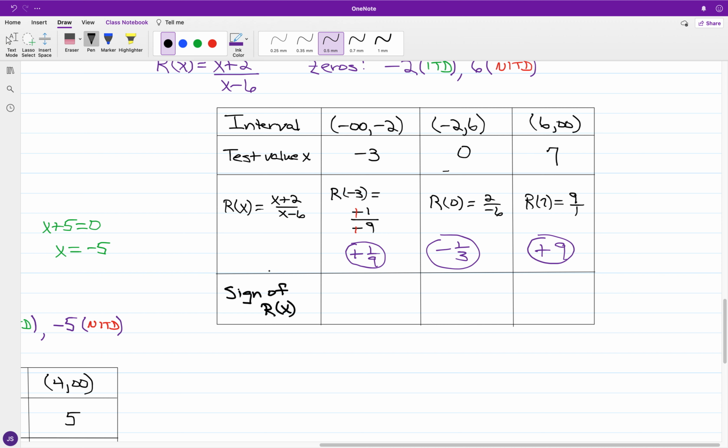And for what we have in the case of the sign of r of x, okay, so you have a positive, so you have r of x is greater than 0, then next we have a negative, so we have r of x is less than 0, and then last, we have a positive, okay, so we're going to have r of x is greater than 0.